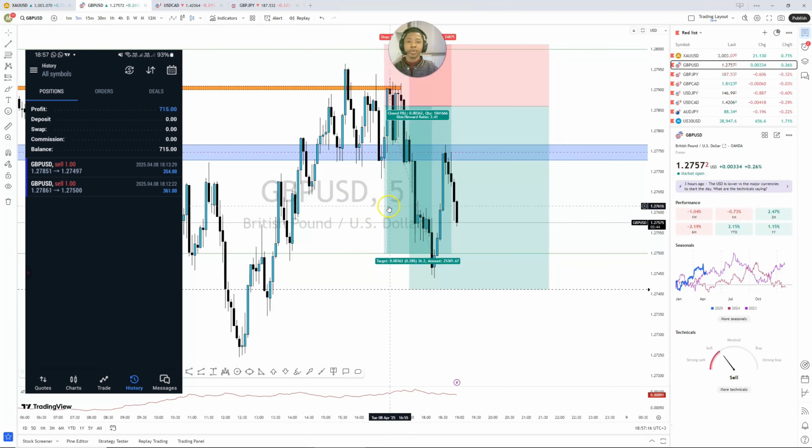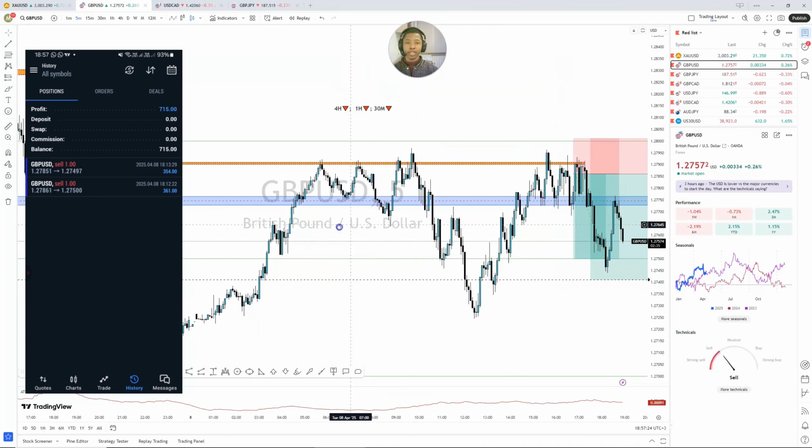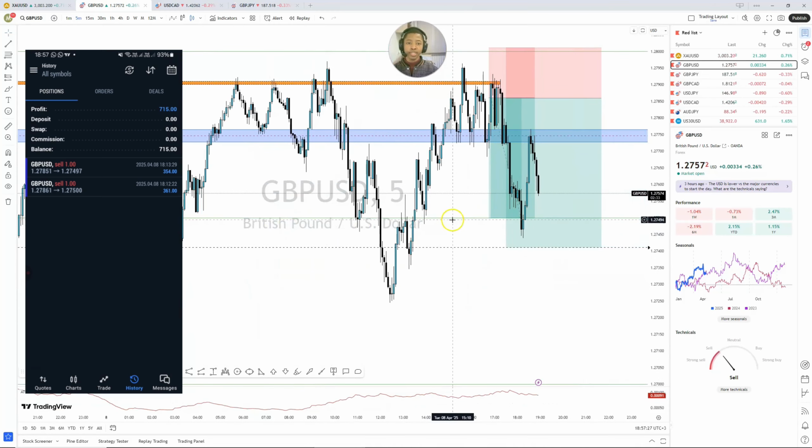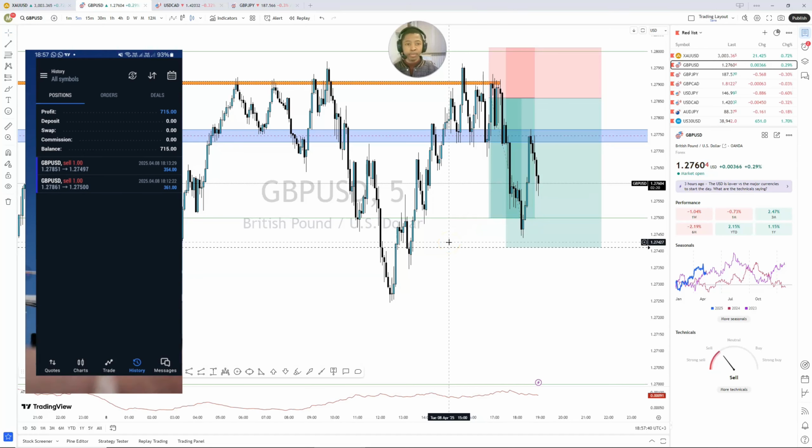It was 1:2.4 in this area. We took partials. Why? Because of my psychological levels, I always tell you these psychological levels are key. Because of psychological levels, price can make a rejection and start going in the opposite direction. So I told them in the group to take partials.